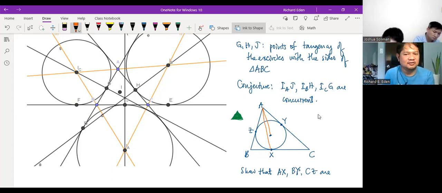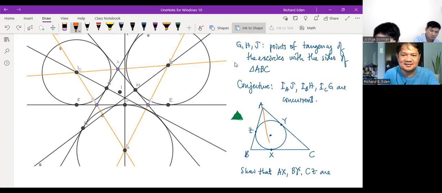So AX definitely cannot contain the incenter because that's the incenter I. Interesting Chevian concurrency. Oh, so it's another one, diba? Parang yung isa rin po, interesting Chevian concurrency din. So provable by Ceva's theorem.